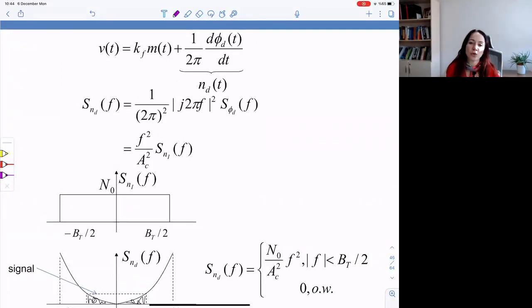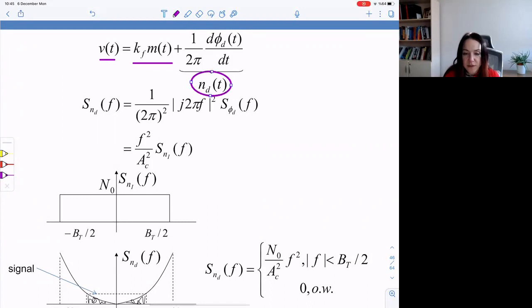It's no longer going to be looking like white noise. Okay, so this is our limiter discriminator output. The message plus the derivative of the phase difference, phi d. This is my additive noise.